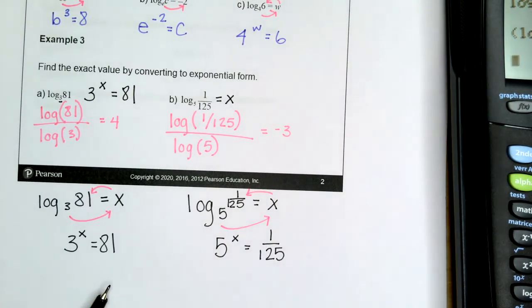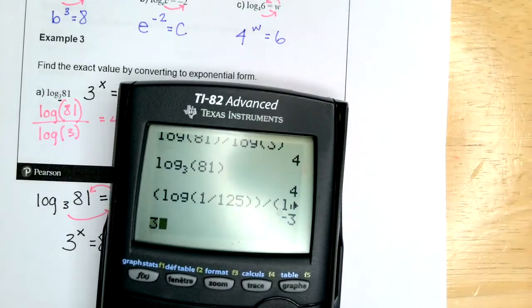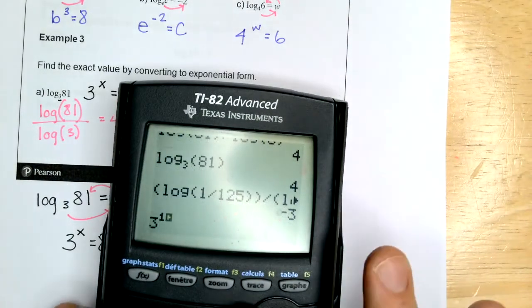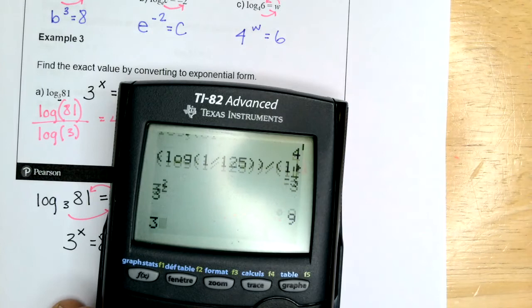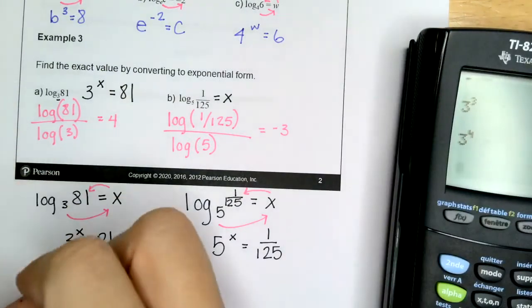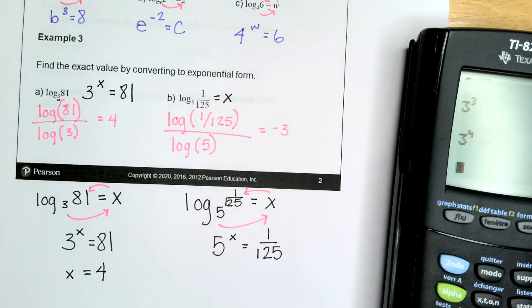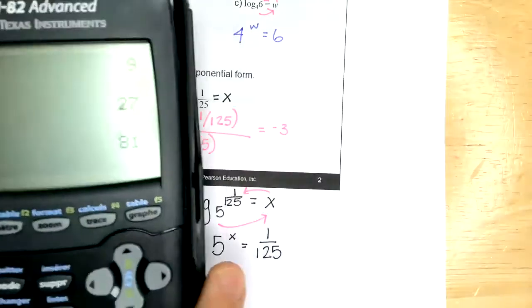Yeah, and then you think, 3 times itself, how many times will give me 81, right? 3 to the second is 9. 3 to the third is 27. 3 to the fourth is 81. So x equals 4. Good.